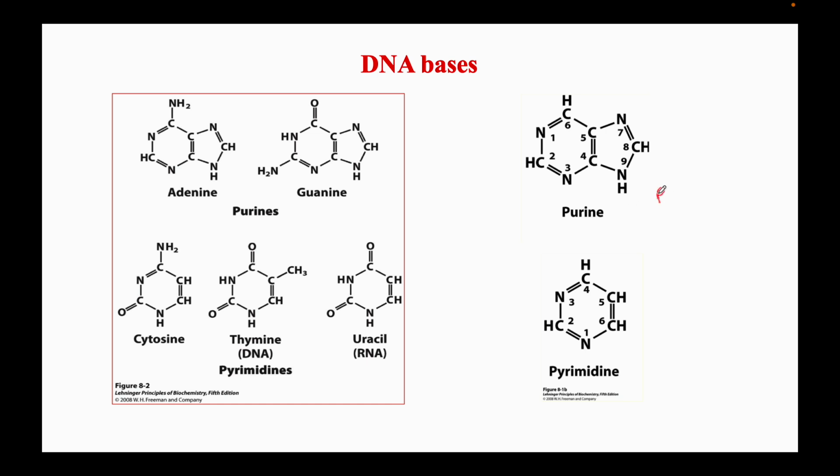In these bases we have a ribose sugar and phosphate linkages. Ribose is attached to the N9 of purine, and at the N1 position of pyrimidine we have the ribose sugar attached.